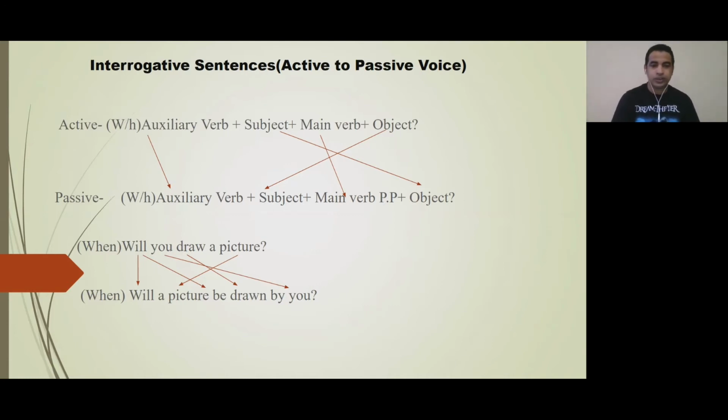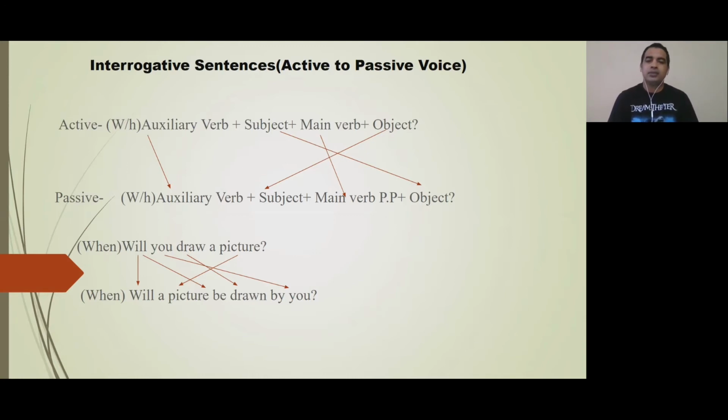So I have given you 2 examples. Don't worry about this. Auxiliary verb, subject, main verb, and object. As it is the rule of active voice to passive voice, it's the same. The only difference is that the auxiliary verb will take place before the subject.